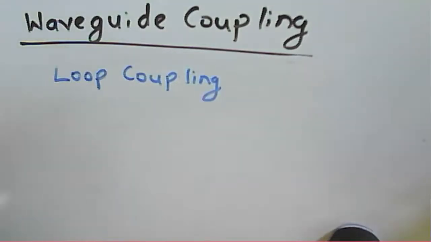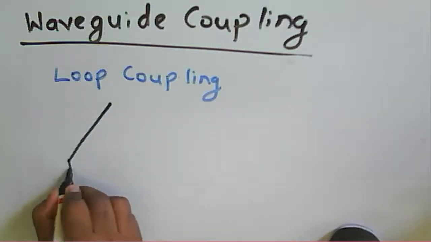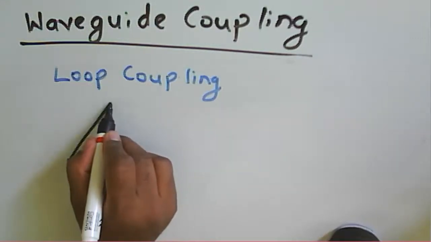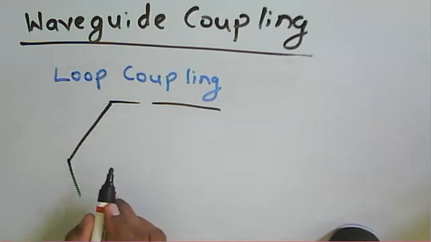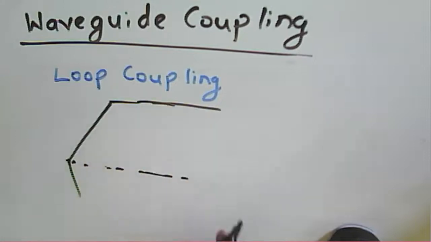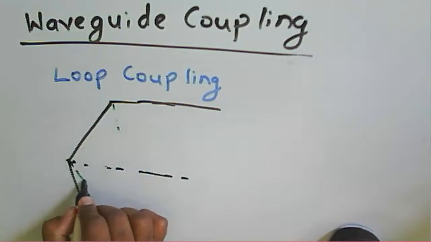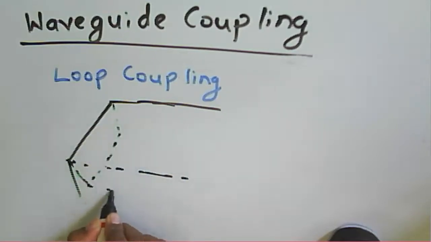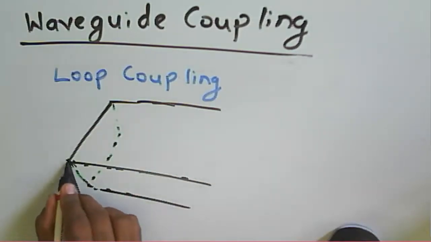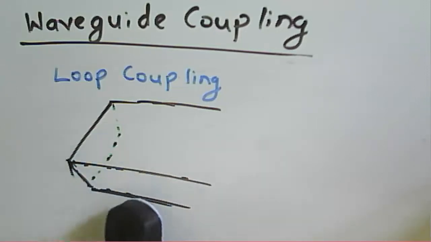So in a loop coupling, for a given particular waveguide, this one is about your waveguide section.